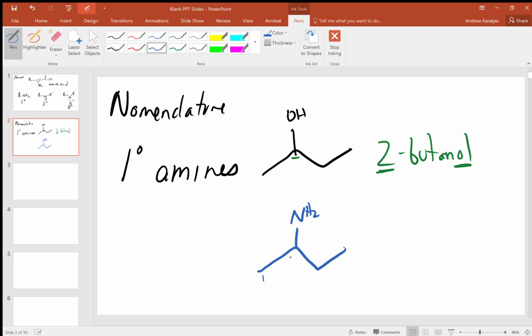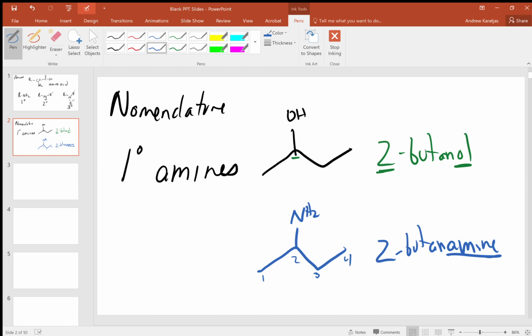We would number it to give the carbon with the amine the lowest possible number, and then we just need an ending to show our amine. And amines have the very complicated ending of amine. So that's how we name primary amines. Basically, it's identical to what we learned for alcohols.